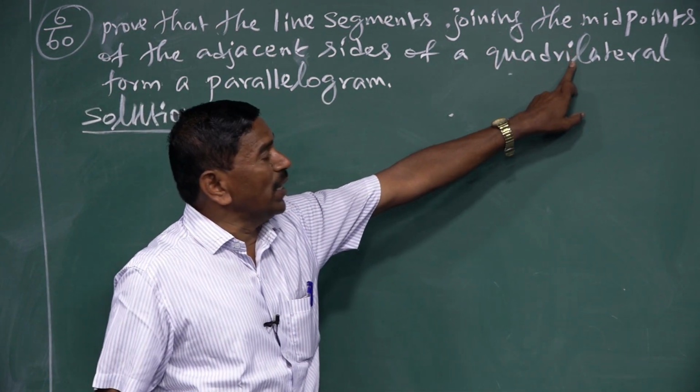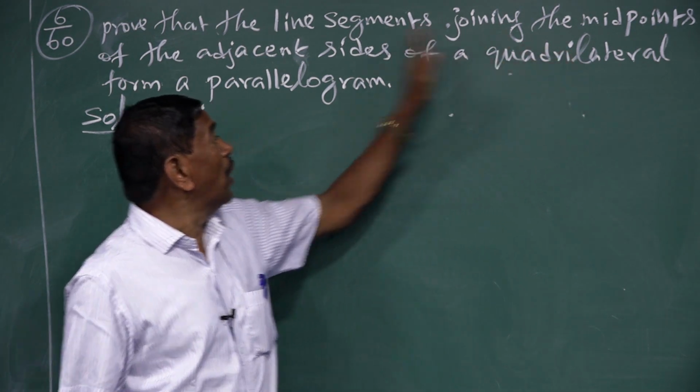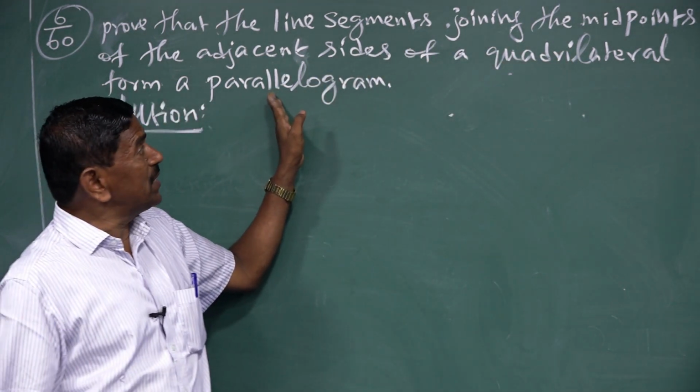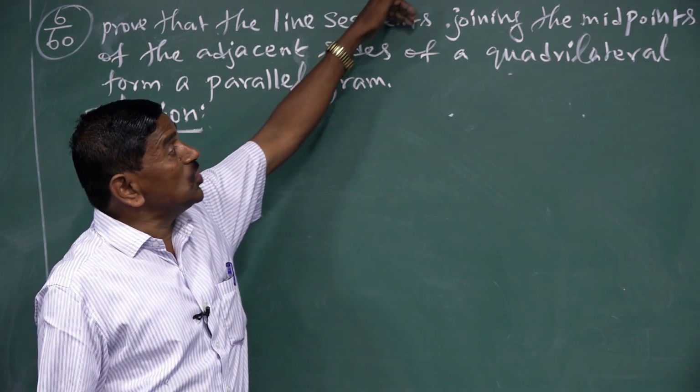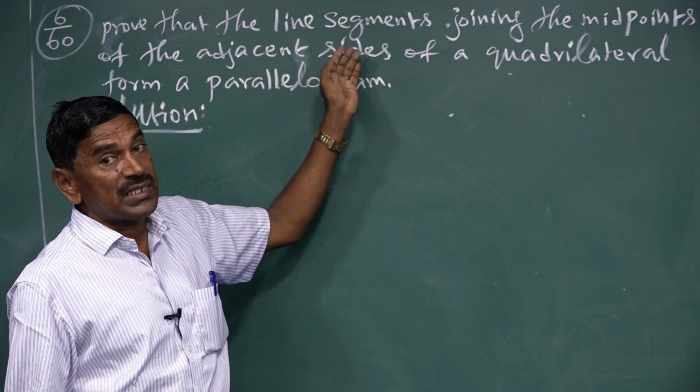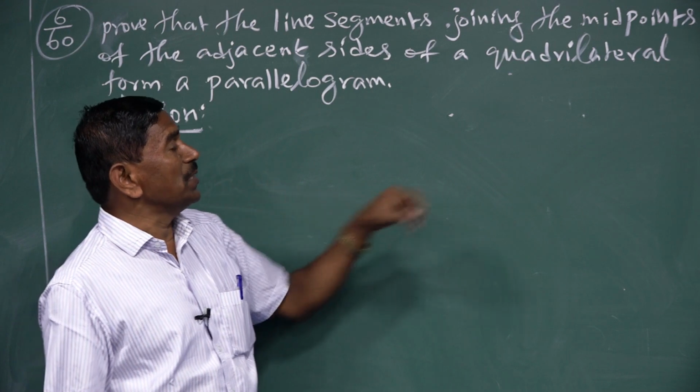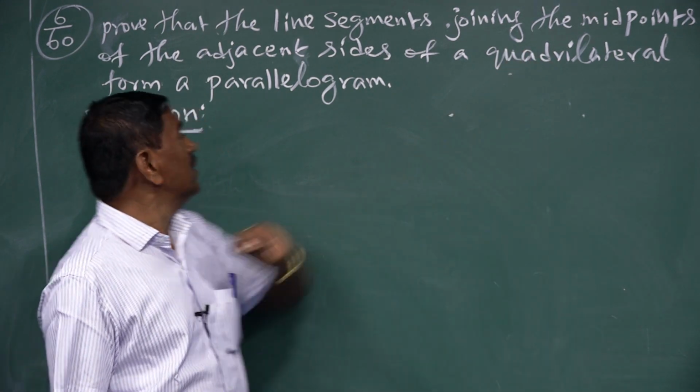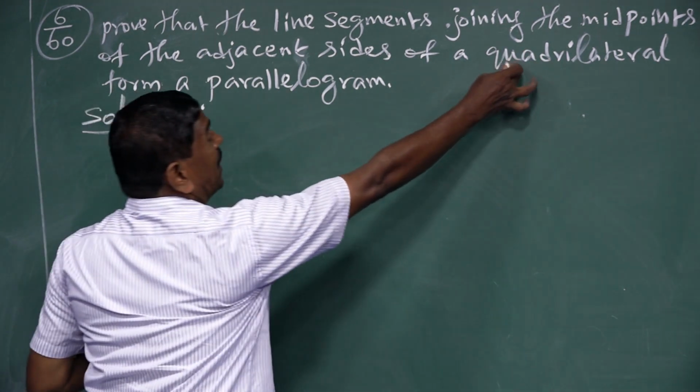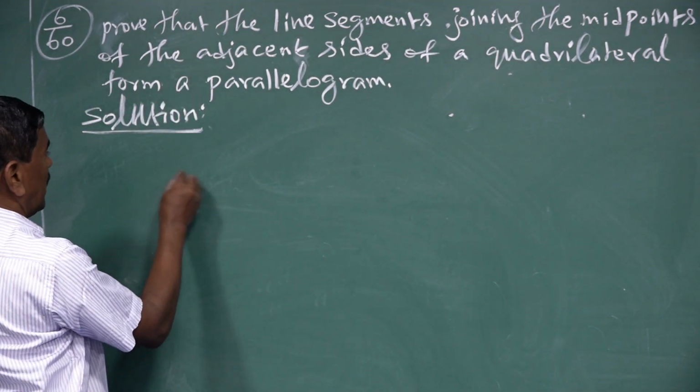Here main keyword is quadrilateral. First let us draw the quadrilateral. Quadrilateral given, we have to prove parallelogram in which the line segments joining the midpoints of the adjacent sides form a parallelogram. So that is important. First we draw a quadrilateral. So let ABCD be a quadrilateral.